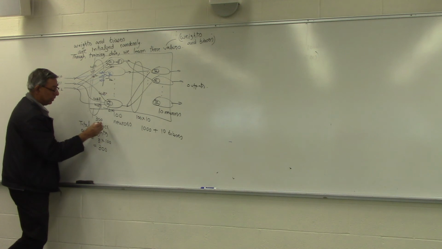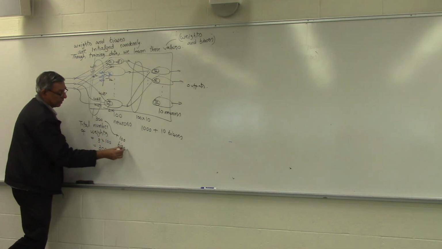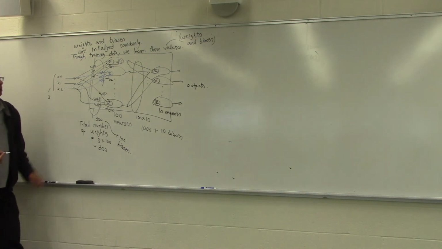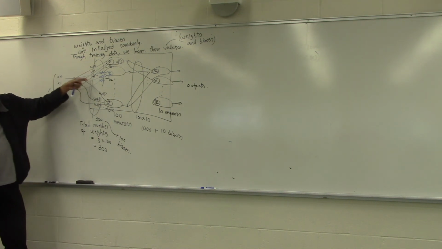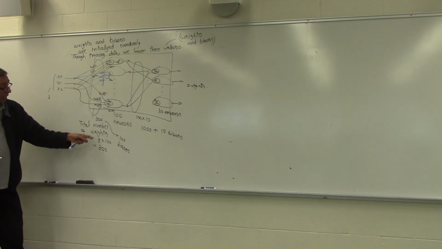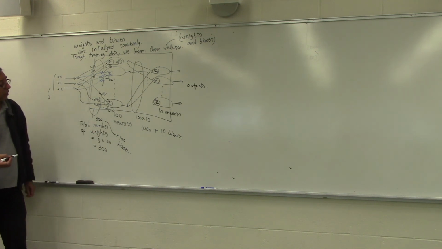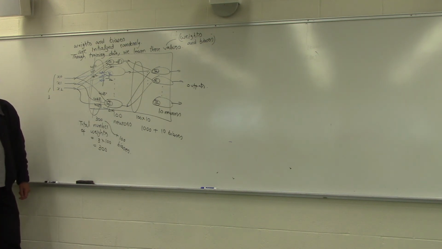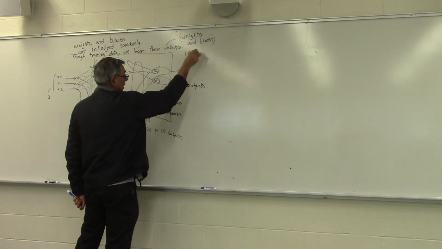Here we had 300 plus 100 biases. So the total number of parameters that through training we need to figure out what should be the optimum value of those, as you can see, is 300 plus 100, 400, plus 1,000 plus 10, so 1,410.